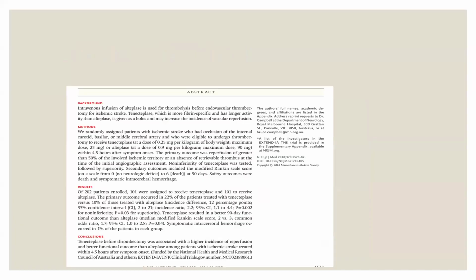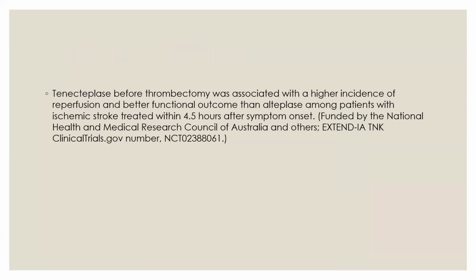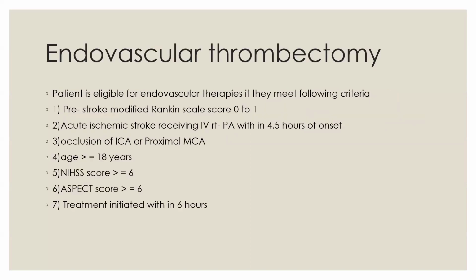The result was that tenecteplase before thrombectomy was associated with a higher incidence of reperfusion and better functional outcome than alteplase among patients with ischemic stroke treated within 4.5 hours after symptoms. So they added a recommendation in the 2019 stroke guideline that if you are planning for mechanical thrombectomy, and want to thrombolyze the patient before that, then go for tenecteplase instead of alteplase.